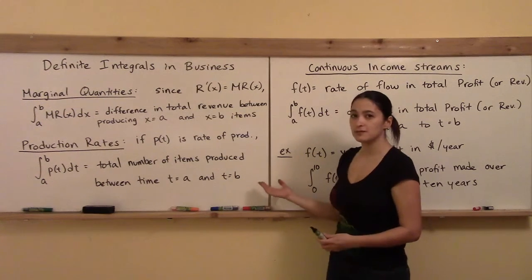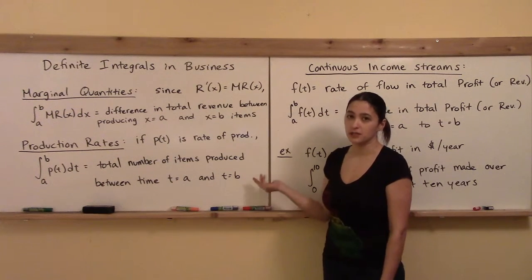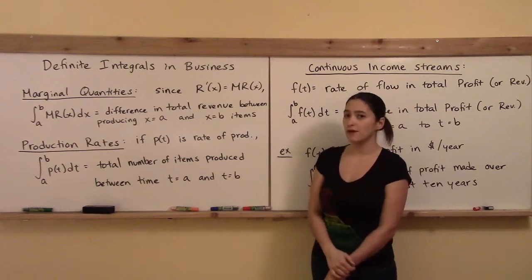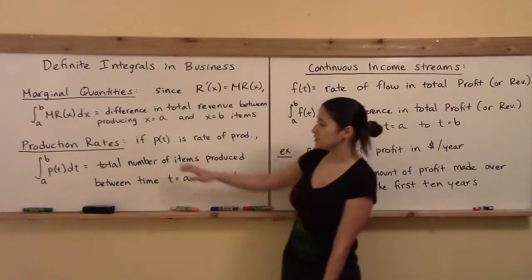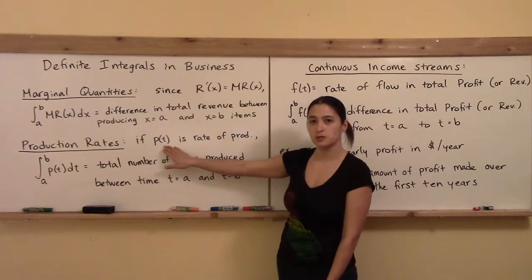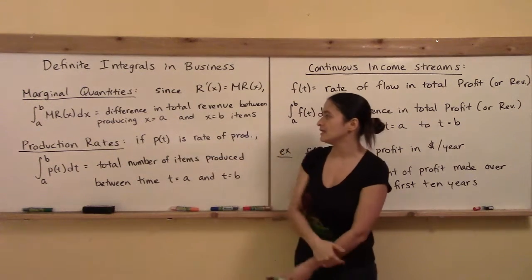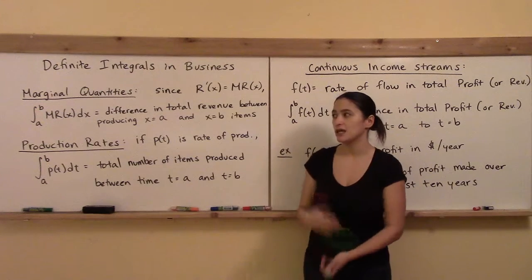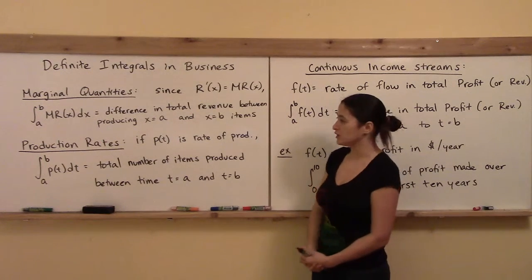So another rate that we've seen before is the description of production rates. If we have some workers in a factory, maybe we have a function P of T describing the rate at which items are produced depending on the time T. Usually that time is measured as the time since you started your shift.